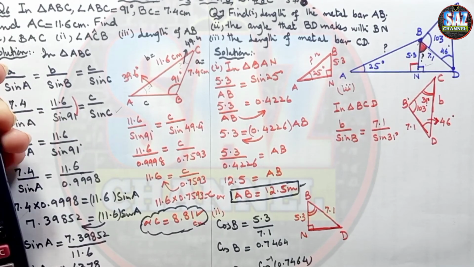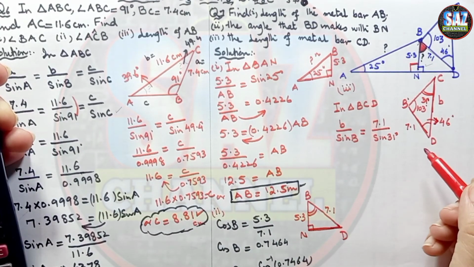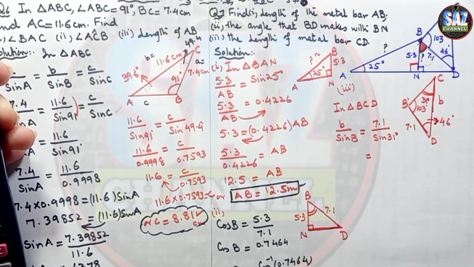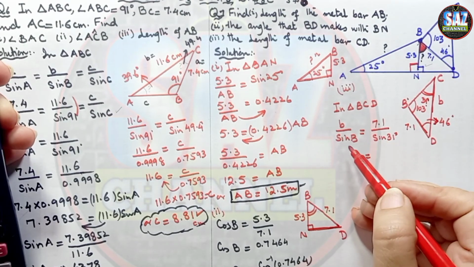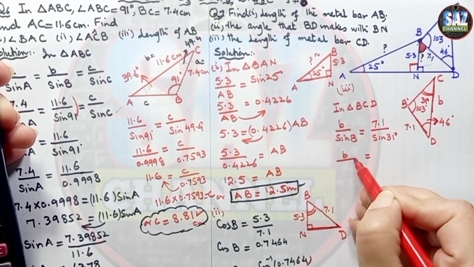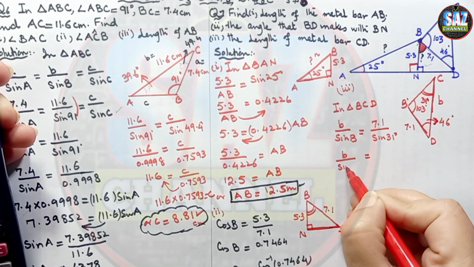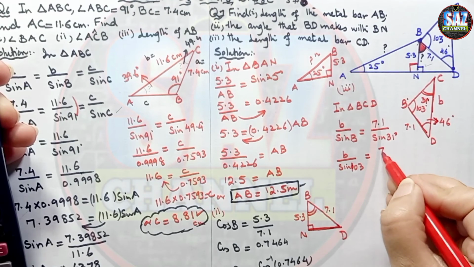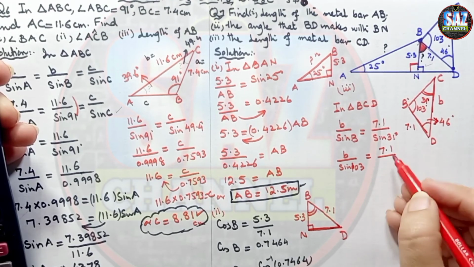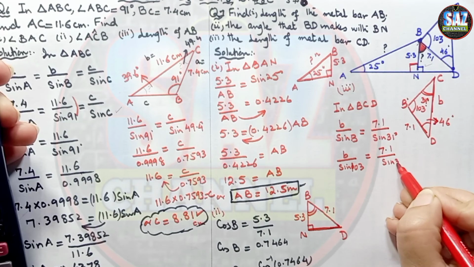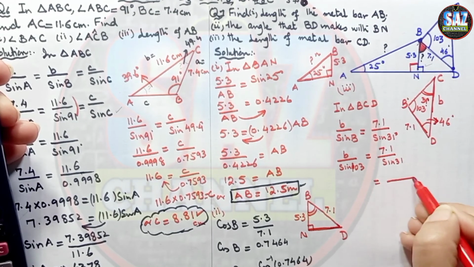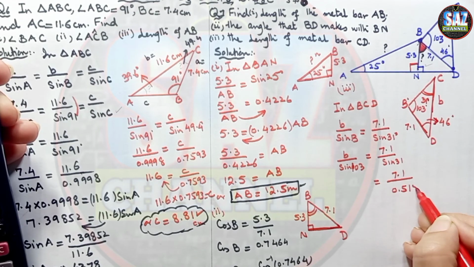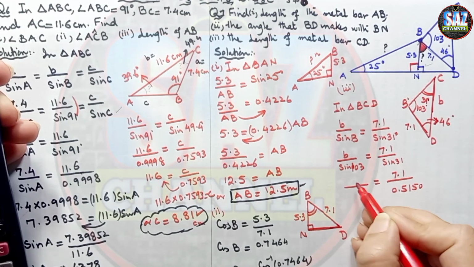Sine 31 degrees gives me 0.5150, and this is 103. b upon sine 103 equals 7.1 upon sine 31, which is 0.5150, and this is b.